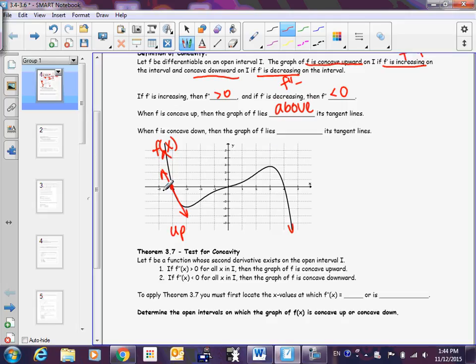It's more obvious over here. In the middle it's a little weird, and I'll get to that in a minute. Now over here on the right, see how the graph is bent downwards? If we draw a tangent line, it would look something like that, and the graph of f is obviously below the tangent line.